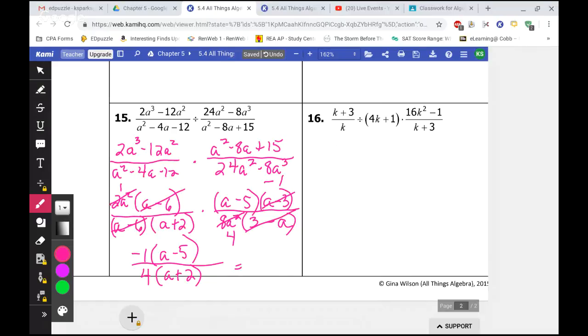which can be written like this. I'm happy if you leave it here, but this can be written like this. Either way is perfectly acceptable.